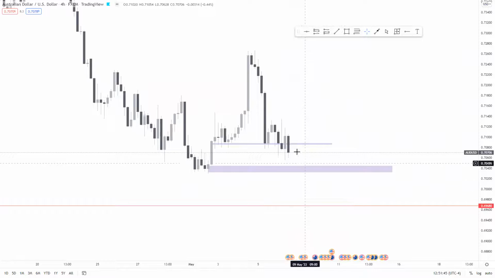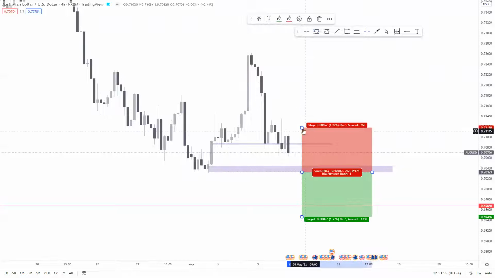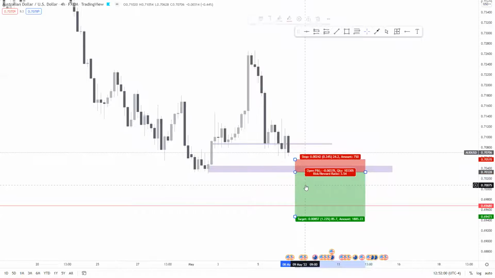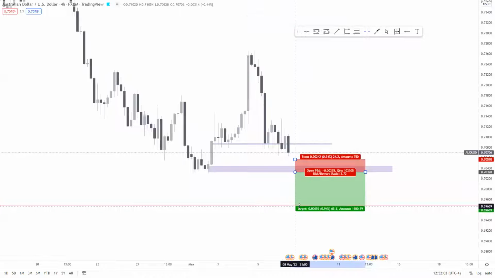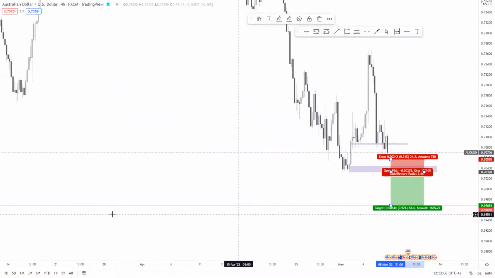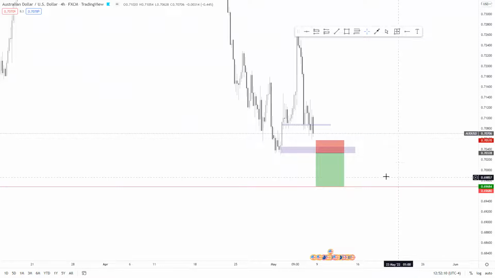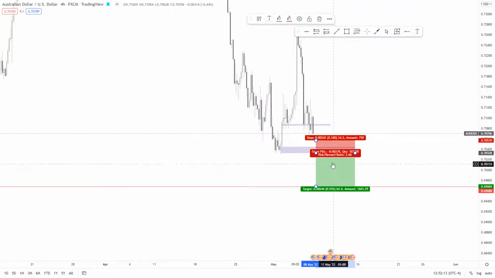After we close below this zone, which is around 703, we enter a short position with stops above the 4-hour, or we can also move to the 1-hour candle to see where it can be. My take profit is going to be the lows here. And after that, if the bearish move continues, we can move our take profits further below and take partials.